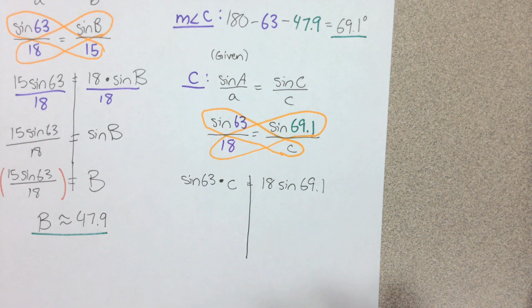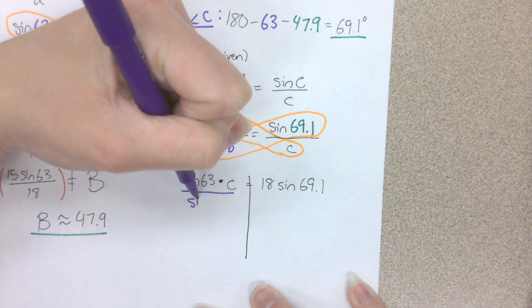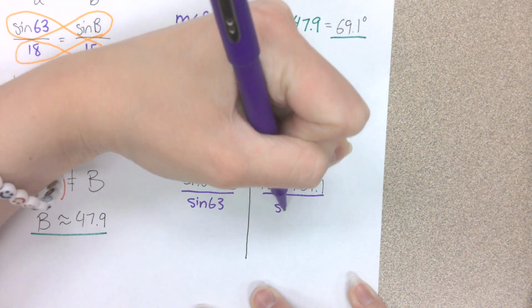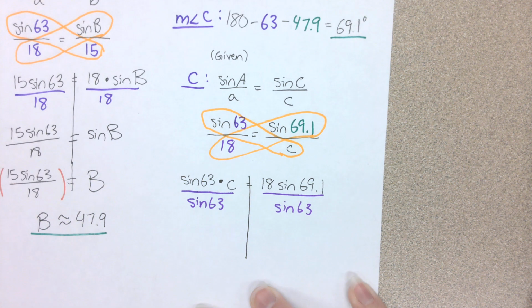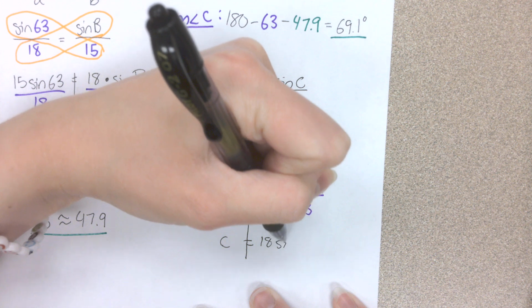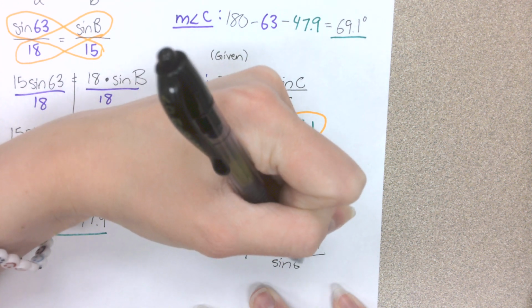This is a very quick thing to solve. We just need to get the c by itself. So divide off the sine of 63 on both sides. c equals 18 sine of 69.1 over sine of 63.